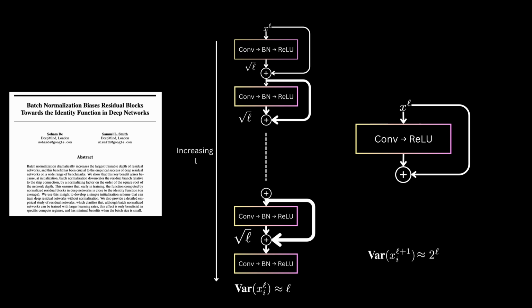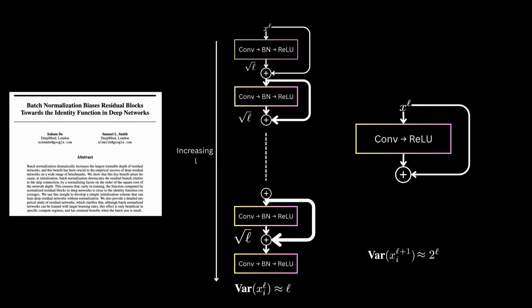This ensures that early in the training, the function computed by batch normalized residual blocks are closer and closer to identity function as we go deeper and deeper. It's this impact of batch norm that preserves signal propagation in both forward and backward pass, as well as better gradients, ultimately ensuring more effective training with batch normalized residual networks.